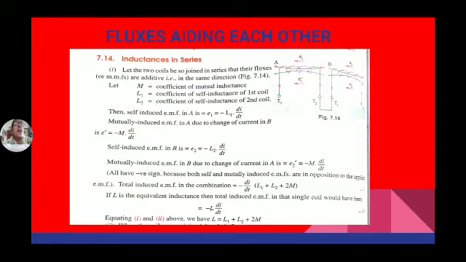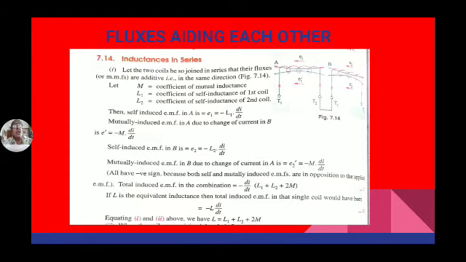Now, because of the flux developed in coil 1, some EMF is developed. But the flux is developed in coil 2 also. Listen carefully. Some of that flux also links with coil 1, and because of that flux also, some EMF is induced. So EMF is induced in coil 1 in two different ways.